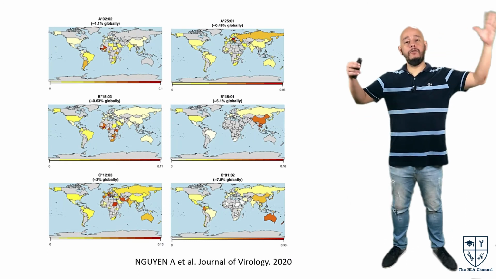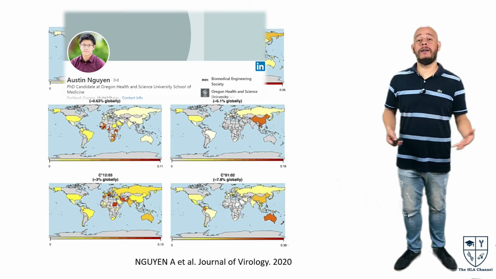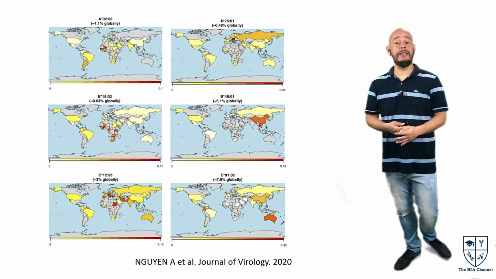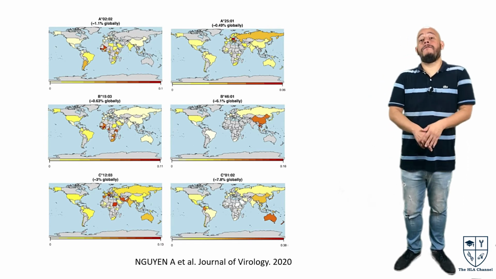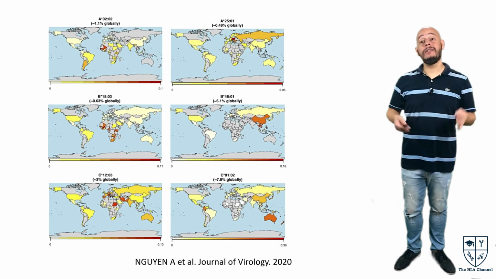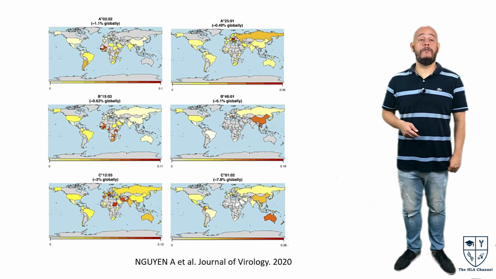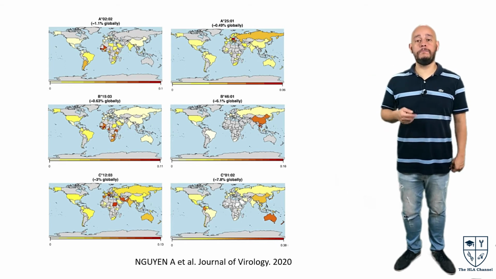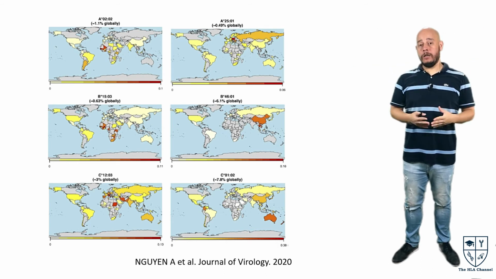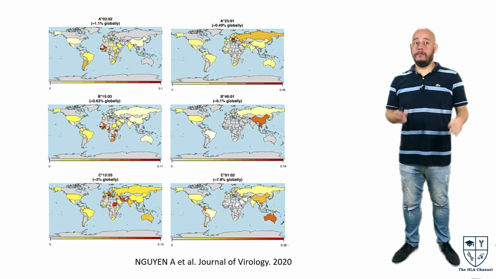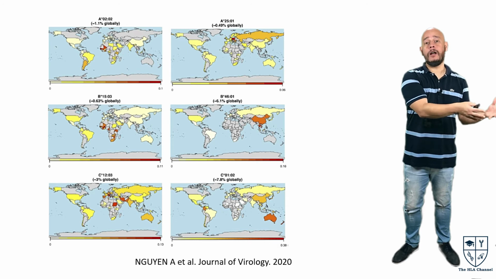Returning to the famous study by Nguyen, they performed an in silico analysis of the binding affinity of MHC class 1 molecules with viral peptides, with 145 HLA-A, B, and C genotypes for all SARS-CoV-2 peptides. They looked at the overall population in the world, and then they observed where there was more or less frequency of a particular HLA.